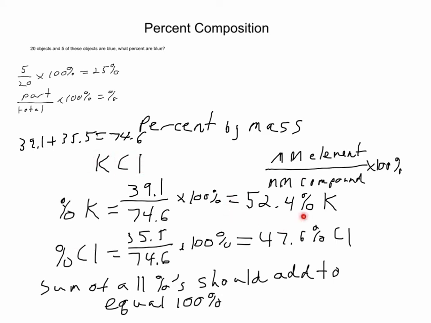So when we add these percentages, 52.4 plus 47.6 does equal 100, so we're good. Sometimes because of rounding it might be a little off, maybe it'll add to 99.5%. That's okay. It's just if you end up with something like 95% or 105%, you know you've done something wrong.